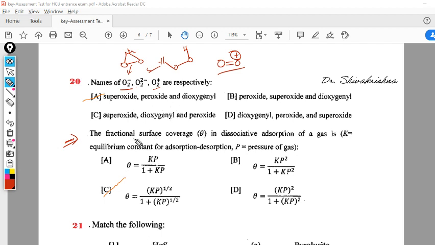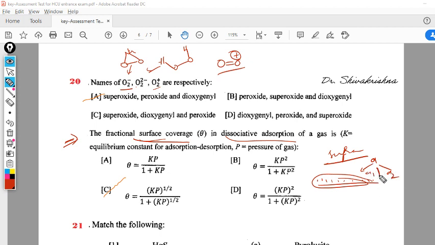So surface coverage. This is from surface chemistry. In this, it is the fraction that is covered on the surface. This is the fraction of the area covered in dissociative adsorption, where molecules are dissociated into two parts.